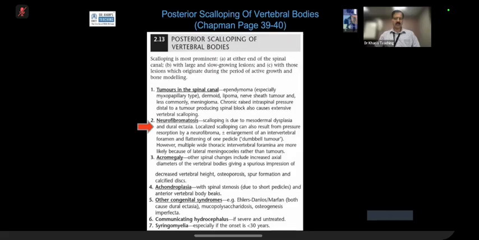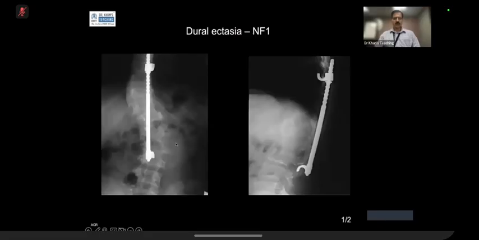Tumor in the spinal canal is the most common, then neurofibromatosis, then acromegaly, achondroplasia. These ones you must remember. So this is a case of NF1 with dural ectasia and long segment instrumentation, correcting the scoliosis. And again, you can see this posterior scalloping and widening of the foramen.